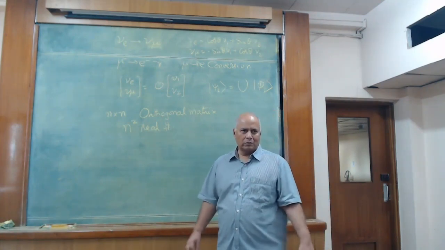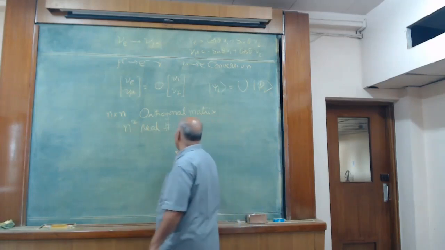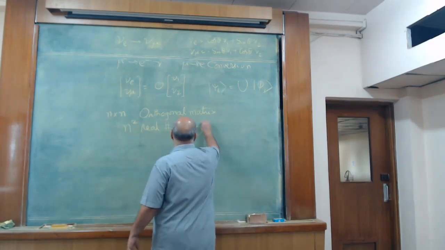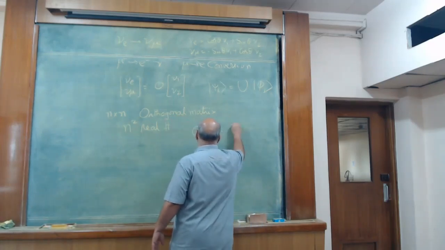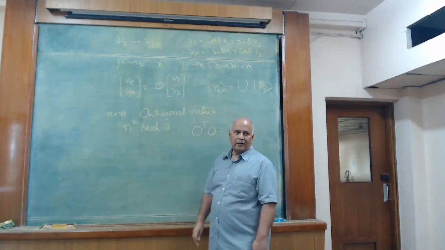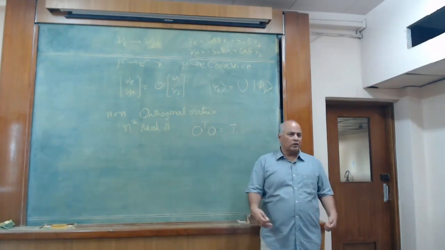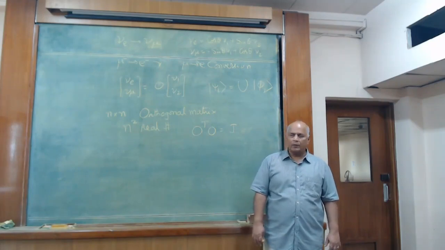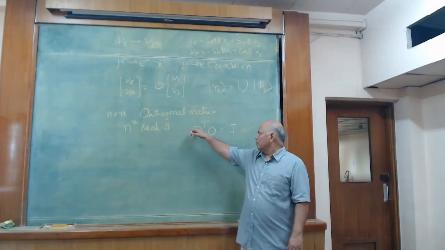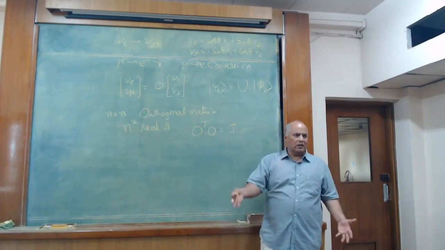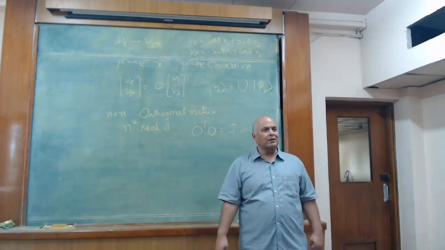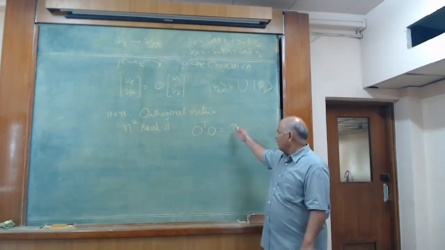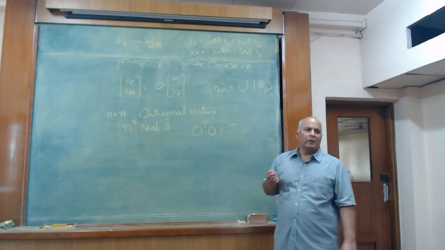Obviously no, because an orthogonal matrix satisfies this constraint: O transpose O is identity. But O transpose O is an n by n matrix, and identity, of course, here is also an n by n matrix.